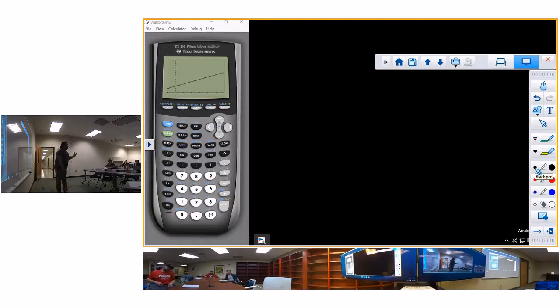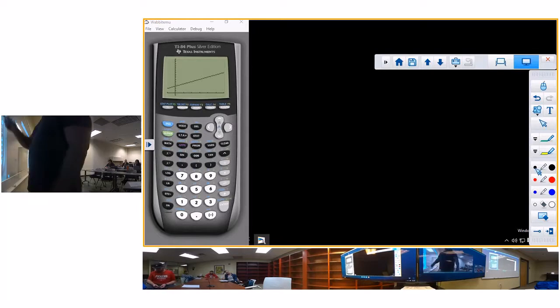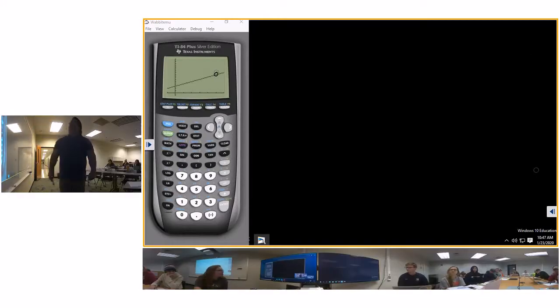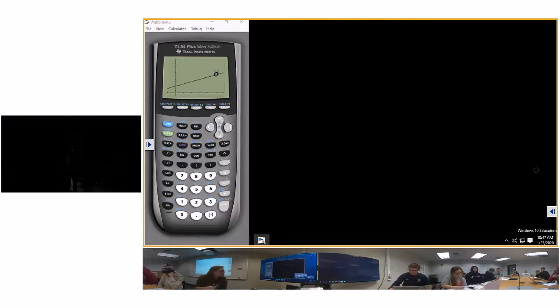So when you're dealing with limits, you put an open circle right there. Write that down. We're going to be dealing with open circles instead of a vertical asymptote, especially on a linear function.